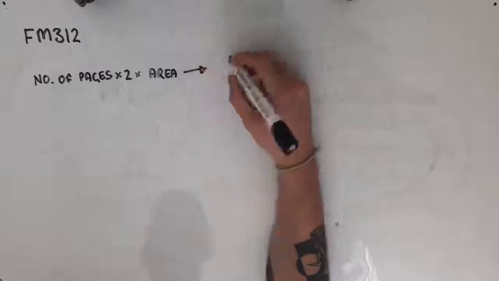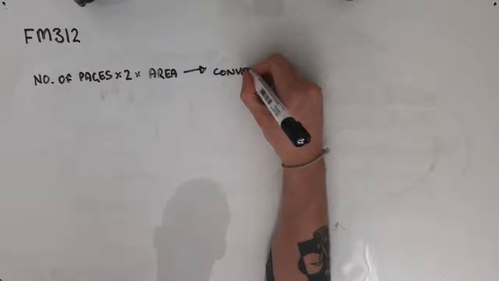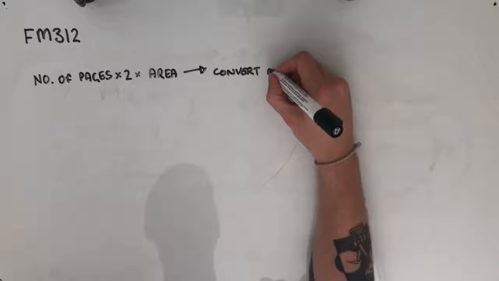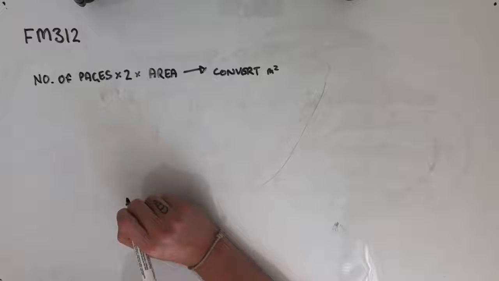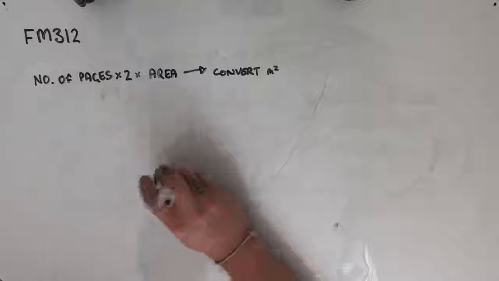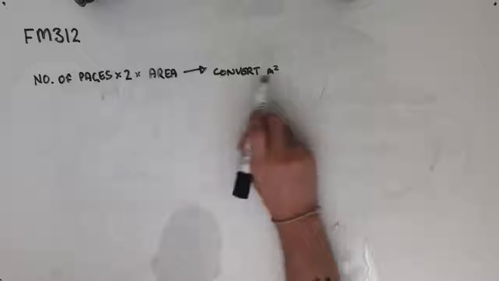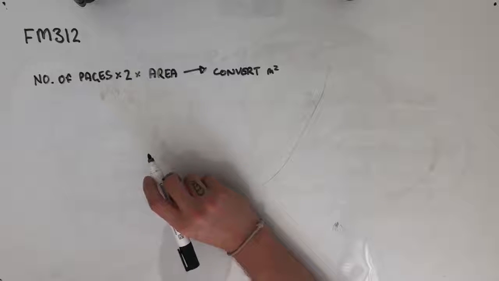At the end of that, we're also going to want to make sure that we've converted our answer into square meters, because the question is explicitly asking us to find the surface area of all internal pages, including both sides, in square meters. So we need to make sure that we don't miss out that last step there.